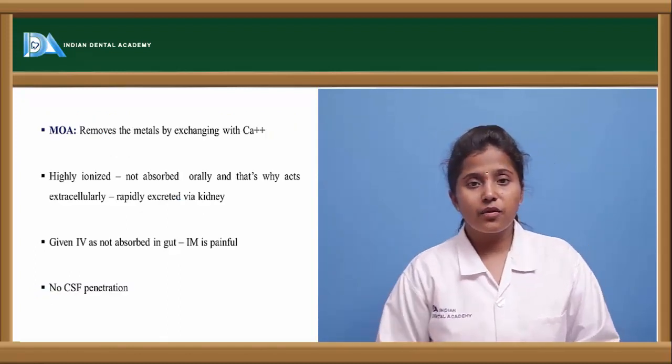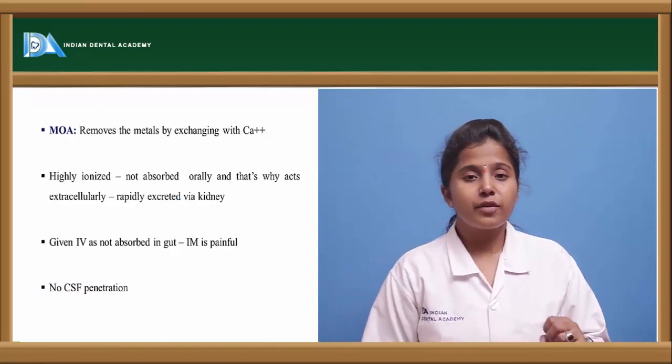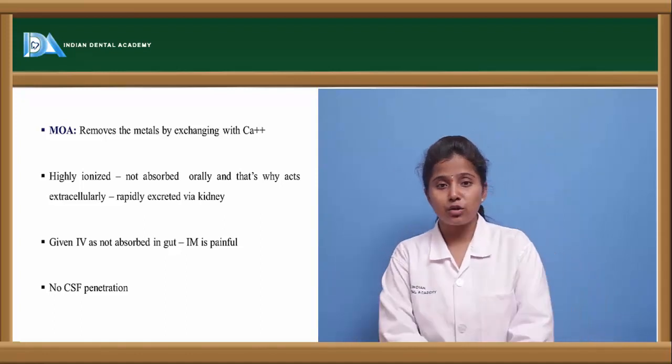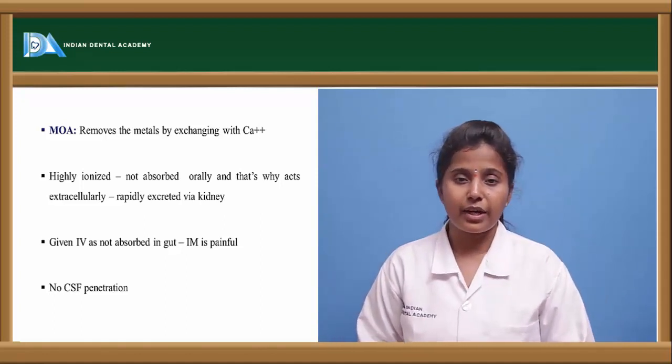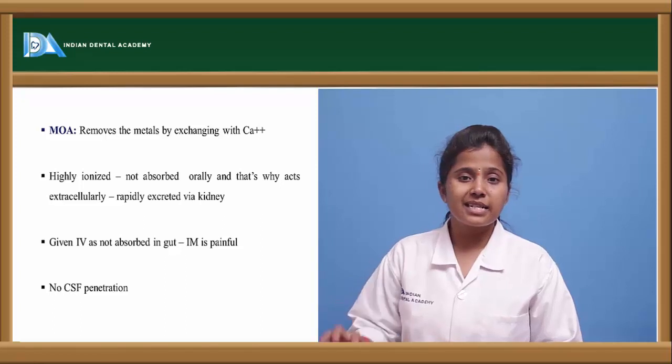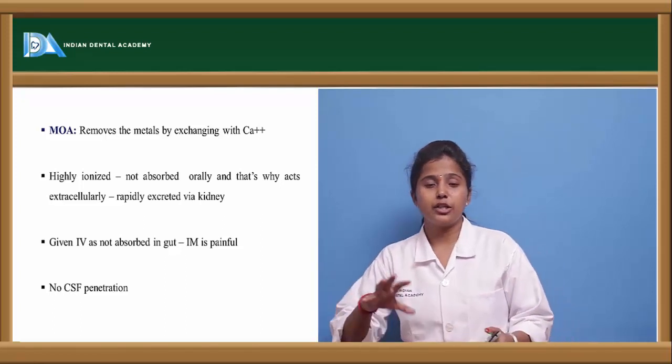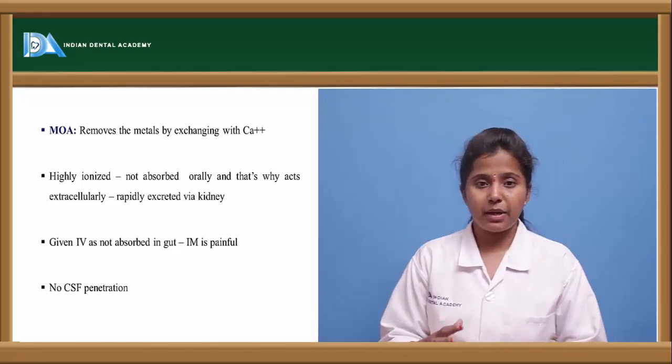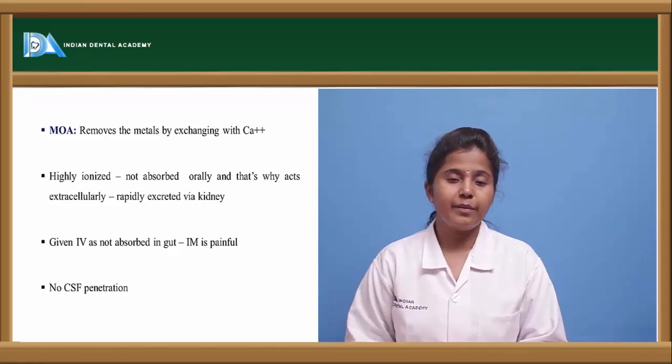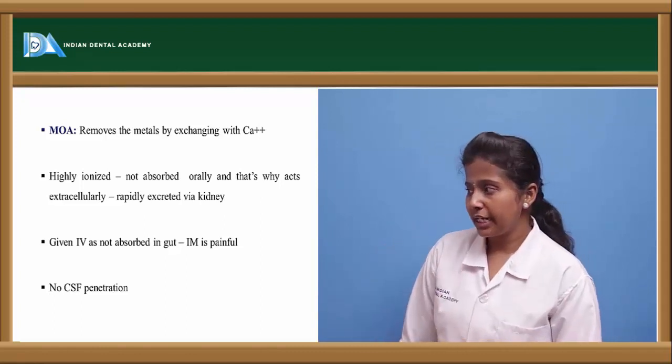What is the mechanism of action? Calcium disodium EDTA and disodium EDTA have a common mechanism of action. They replace the calcium or sodium with the heavy metal ions, thereby forming complexes with the heavy metals, leading to the chelating effect.